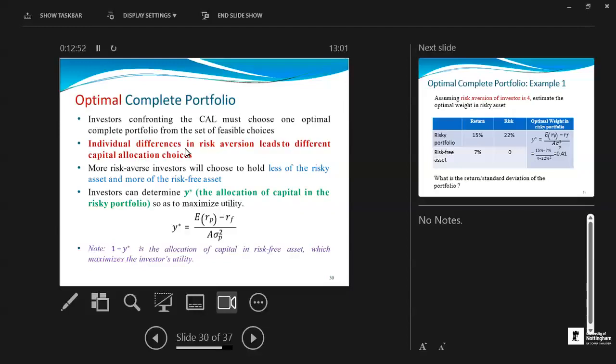Because the choice here is the risky portfolio or the risk-free asset. So investors can determine Y star, the amount of money that they're going to invest in the risky portfolio. And if they're going to invest Y star in the risky portfolio, then what are they going to invest in the risk-free asset? 1 minus Y star, right? Whatever is left.